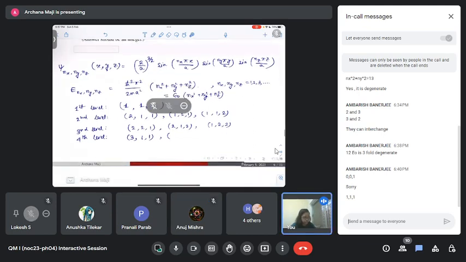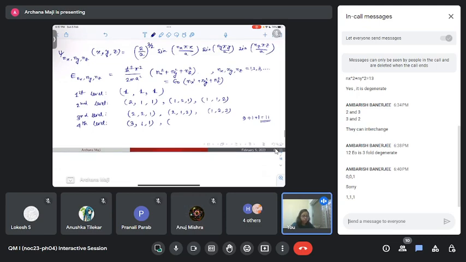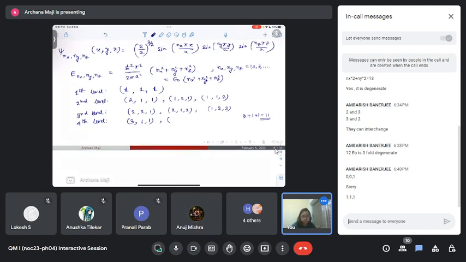So I was saying, if you consider 2 2 and 2, you are getting 12 epsilon 0. But suppose you consider 3 1 and 1, you will get lesser energy, because it will give you 9 plus 1 plus 1, which is 11. So this has to be the case for the fourth level, because it is giving you lesser energy, right? So we have to find the lesser energy. That's how you should figure out what should be nx, ny and nz.